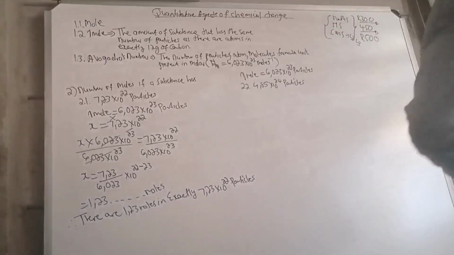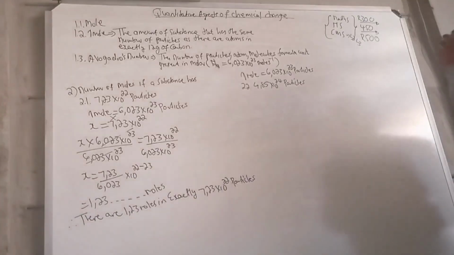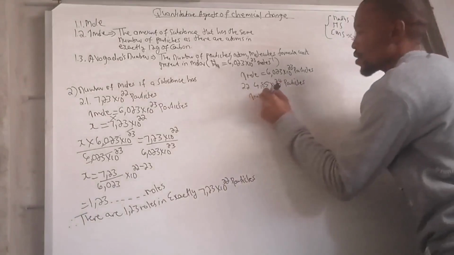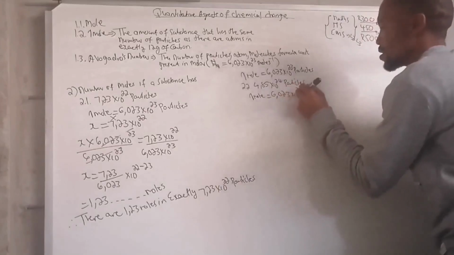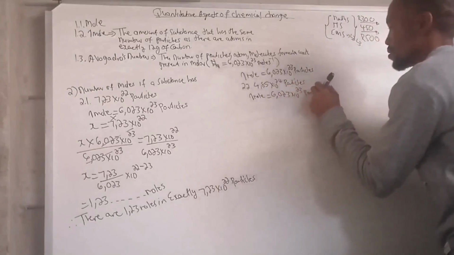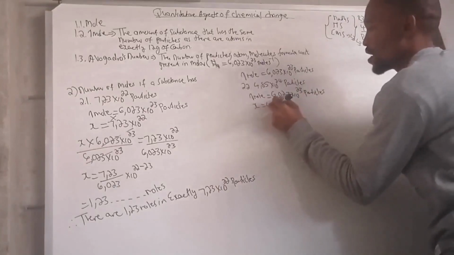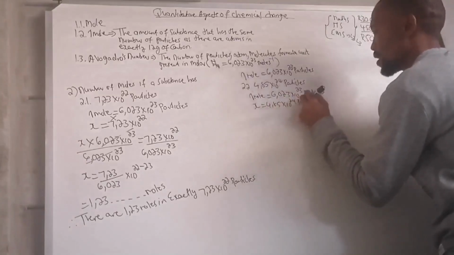I know that one mole contains 6.023 times 10 exponent of 23 particles.